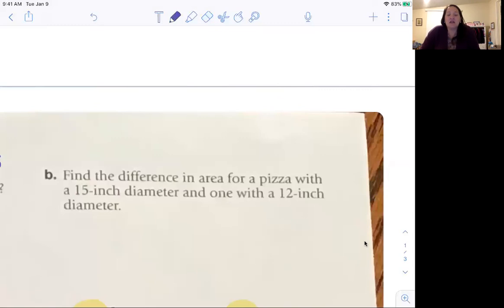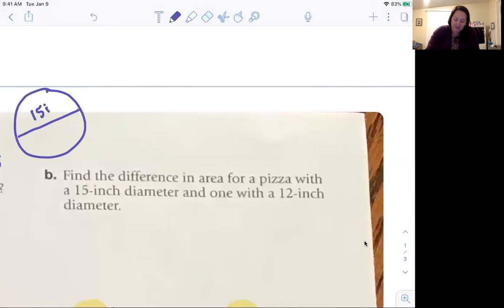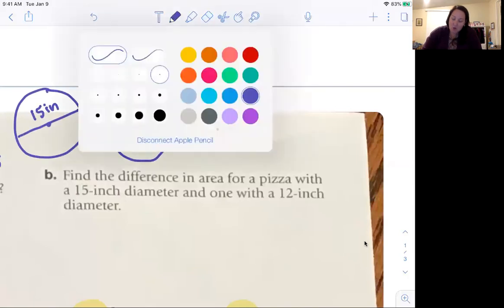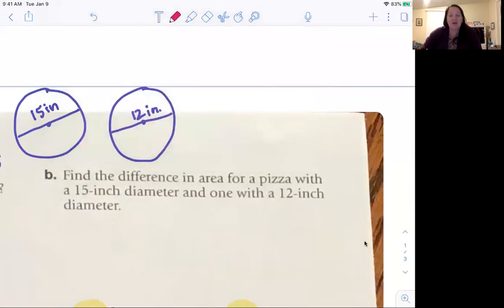Okay. So now we have a 15-inch pizza diameter and a 12-inch diameter. So let's basically do this. This is our 15-inch diameter and our 12-inch diameter. Can I use diameter with the formula pi r squared? No, sir, I cannot. So we'll have to go back and say what's half of 12, because the radius is half diameter. 6 inches we're using here.